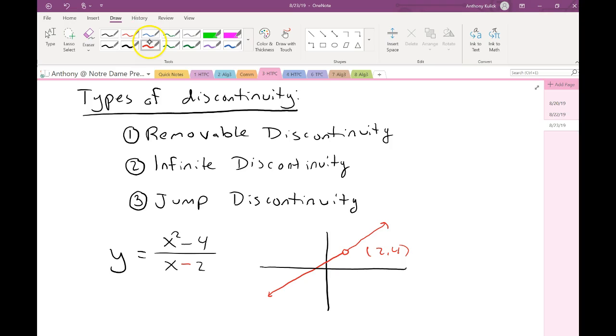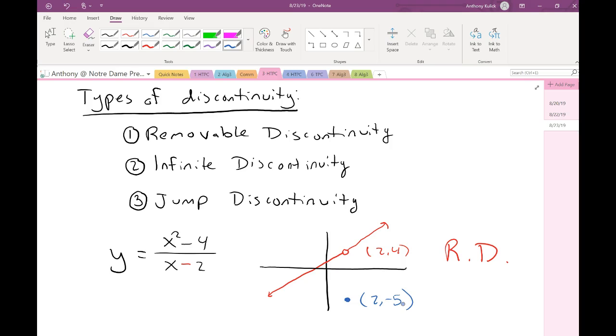So this is a situation where we have a removable discontinuity. For a removable discontinuity, the graph could have just a hole in it like this, or that point could just be moved to another location. So both of those count as removable discontinuities, whether that point is purely undefined or if that point is just not on the line where it should be.